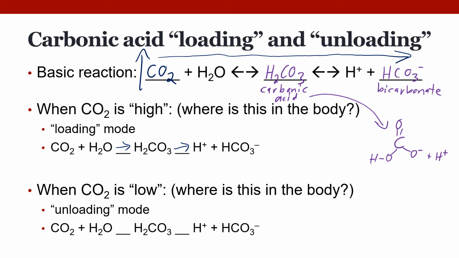We can think of that as a loading mode akin to the high affinity mode of hemoglobin that shifts everything in our body toward making more bicarbonate buffer and more acid in our blood. And that happens in tissues where CO2 is being actively produced.